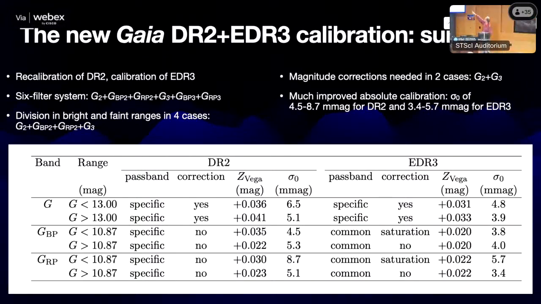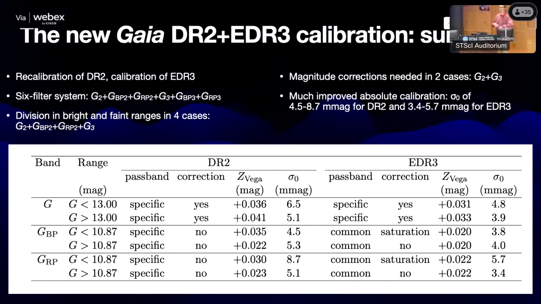They are now, you see, for DR2 between 4.5 and 8.7, but for DR3 between 3.4 and 5.7. And indeed, for faint stars, which are what most people are interested in, you have 3.4, 4.0, 3.9. So now the cross-calibration between CalSpec and Gaia is of the order of 4 millimagnitudes.